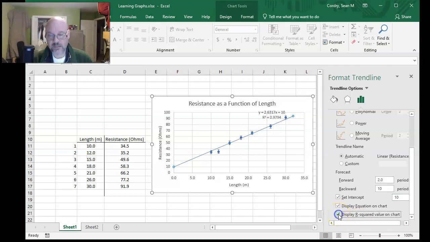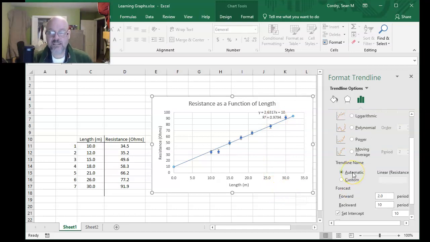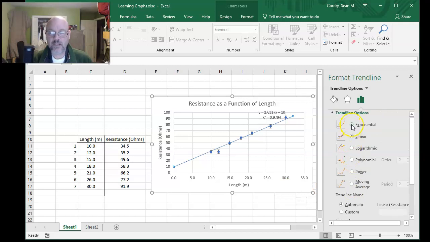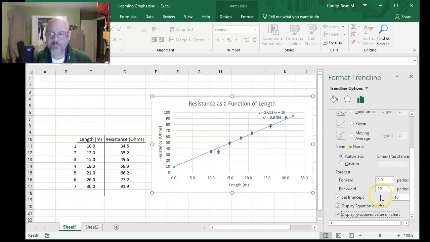We got 0.9794, which actually means the behavior of our data points can be explained with this straight line to 97.9% accuracy. That's pretty good. Let's see what happens if we try something that didn't work as well. Let's change our intercept and force it to go to 0. See if that improves.